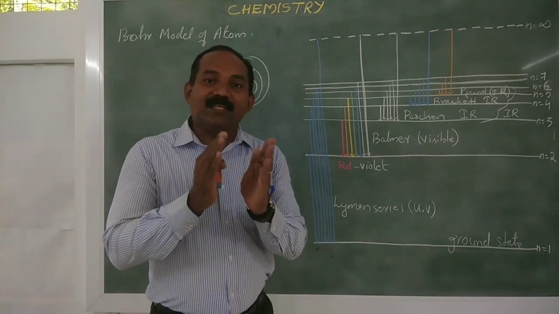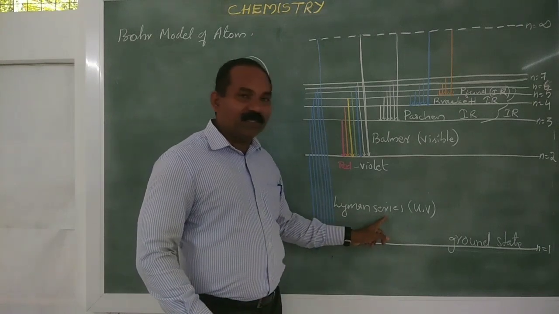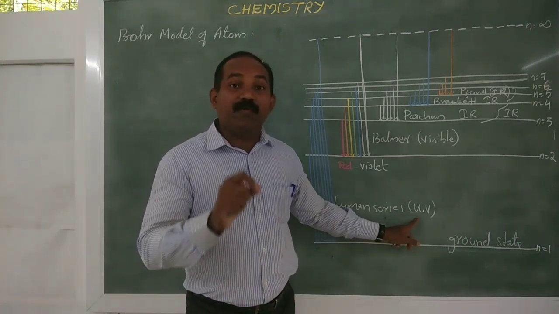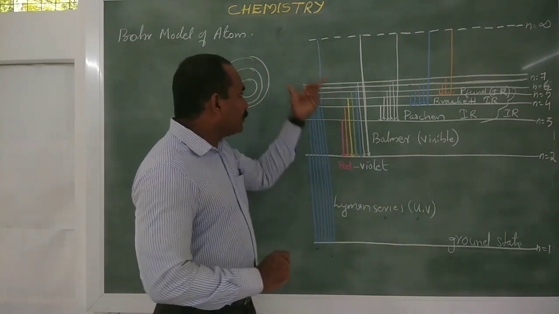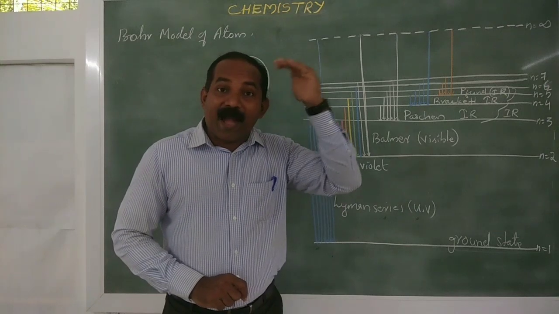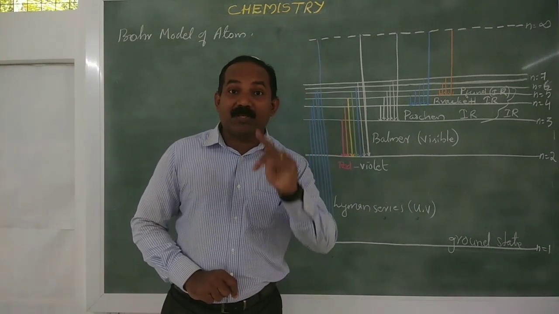This is a series of lines that comes under the Lyman series. We cannot see this, because it is in the UV range. The Lyman series is obtained by the electron going from higher levels to the lower level n equals 1.